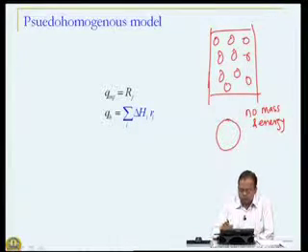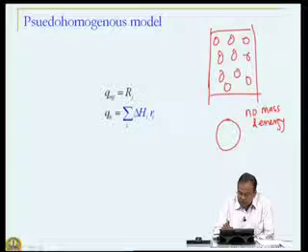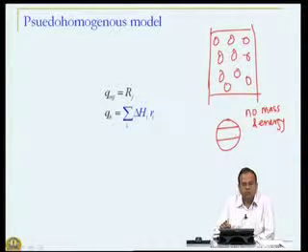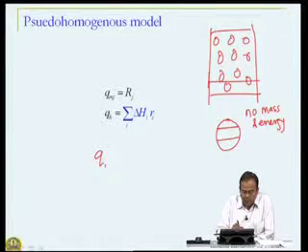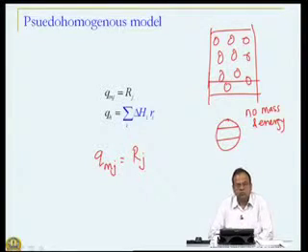Which means the concentrations inside are uniform, temperatures are uniform, in which case the reaction occurs at the same rate throughout the catalyst pellet, and since we are assuming all catalyst pellets at a given cross section are identical, I can simply say my rate of generation is nothing but the rate of reaction.